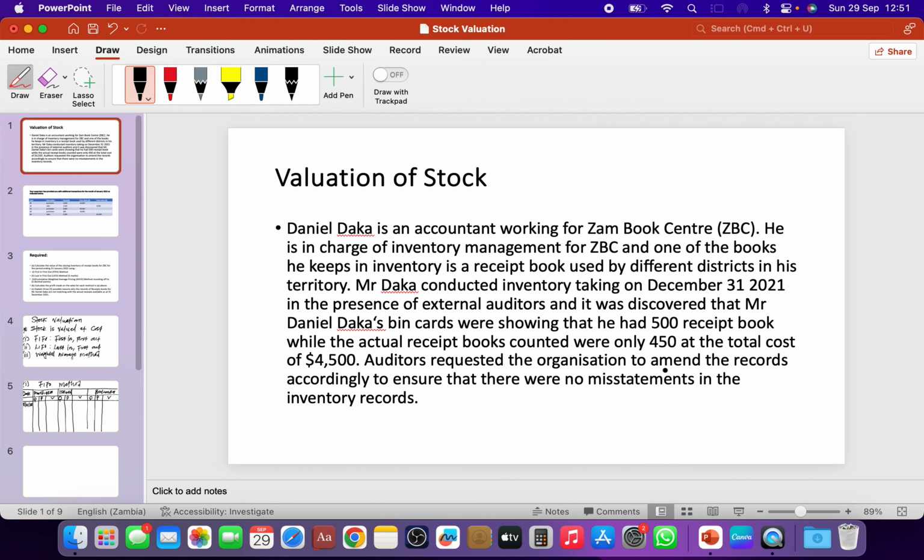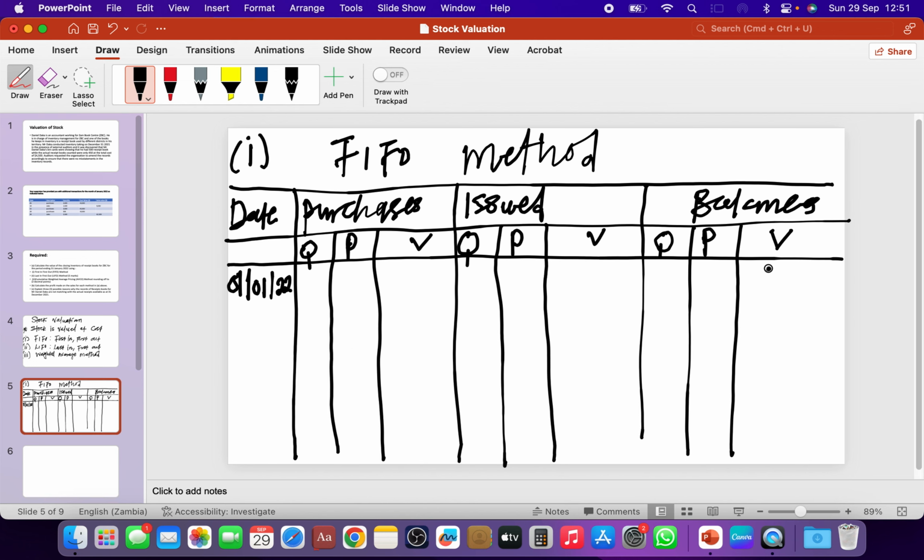The quantity is 450. The value is 4,500. We need to find the price. How do we find the price? We divide the value of stock by the quantity. So this will be $10. This is our opening balance.